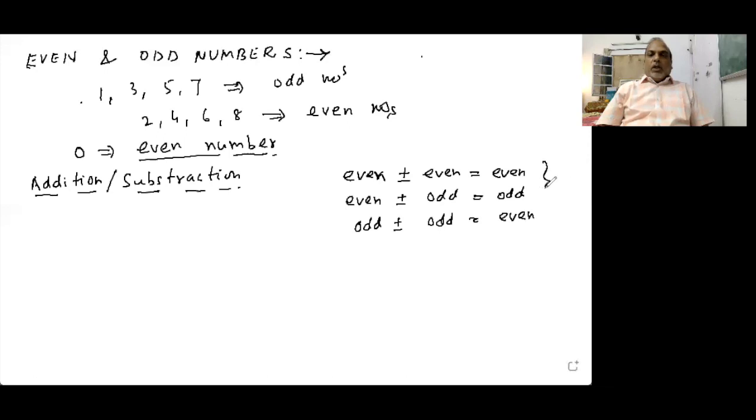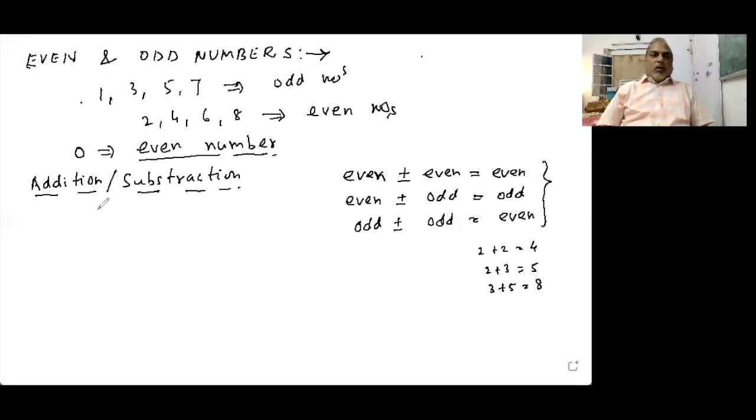So please keep this rule in mind. You can see 2 plus 2, even plus even, it is coming as 4, again even. 2 plus 3, one even and one odd, it will come as 5, means odd number. And suppose you have two odd numbers, suppose 3 plus 5, it will come as 8, means again even.